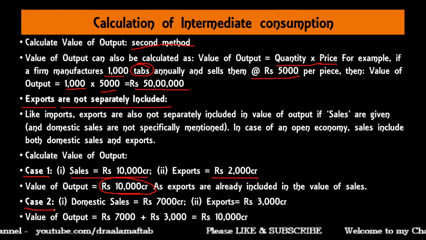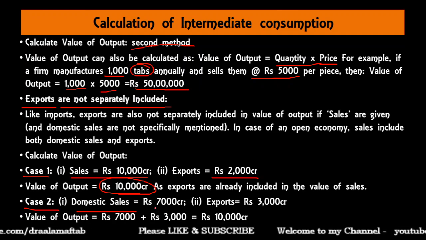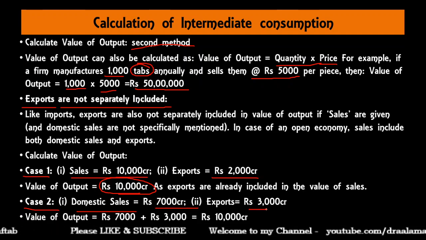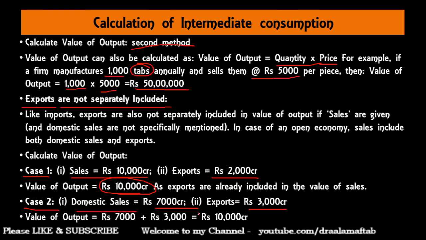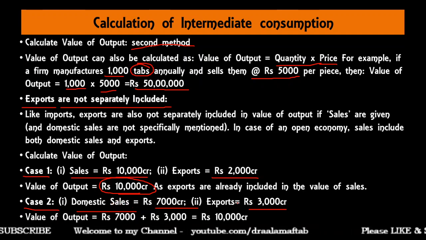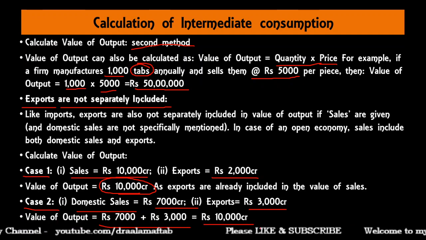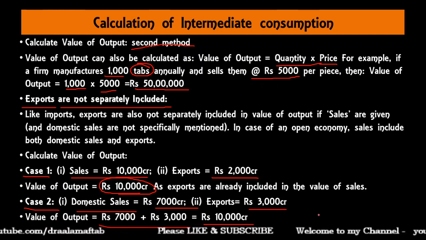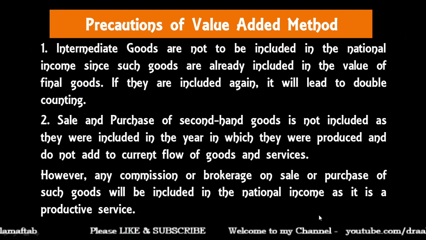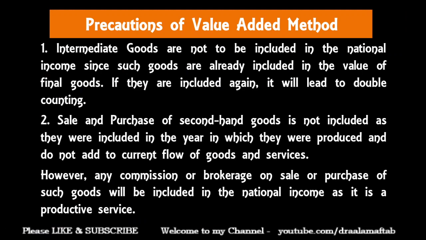In the second example, you can see domestic sales equal to 7,000 crore and exports 3,000 crore. So here domestic sales and exports are explicitly given, so you need to add up these two to get the value of output. So these are some of the precautions while calculating value of output.